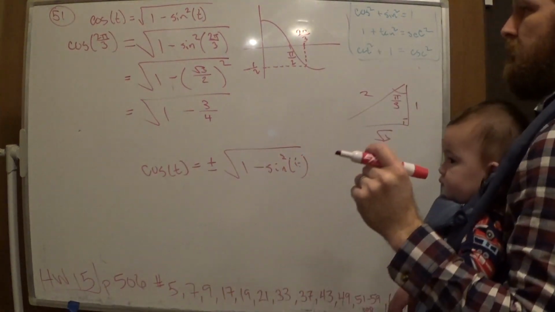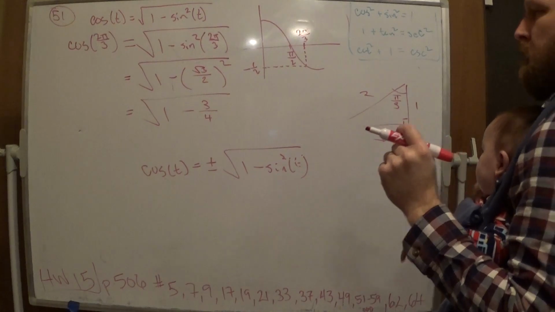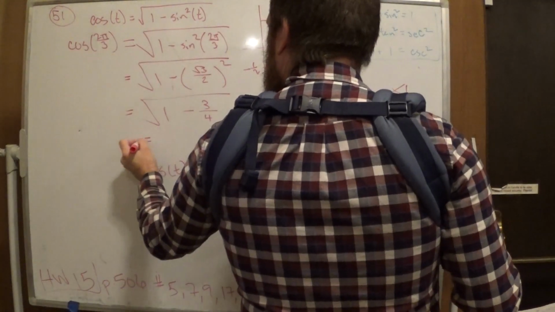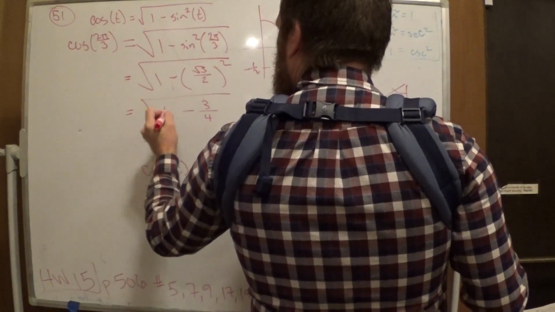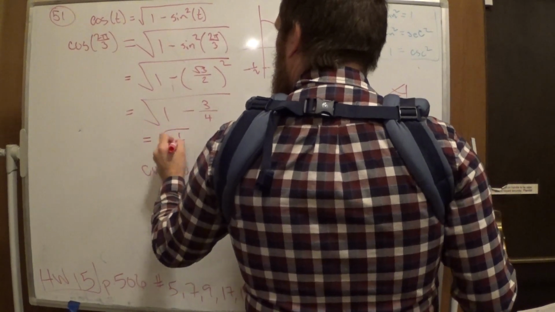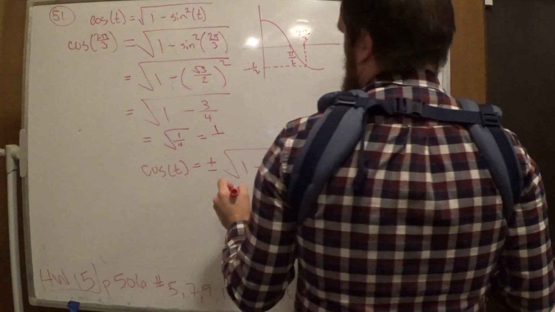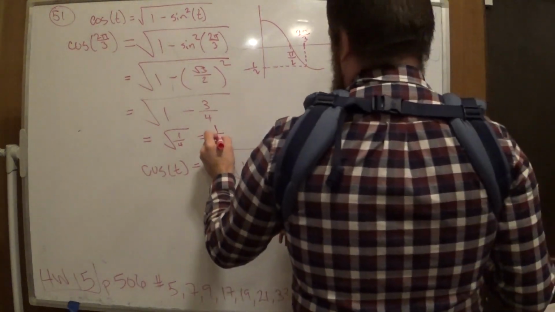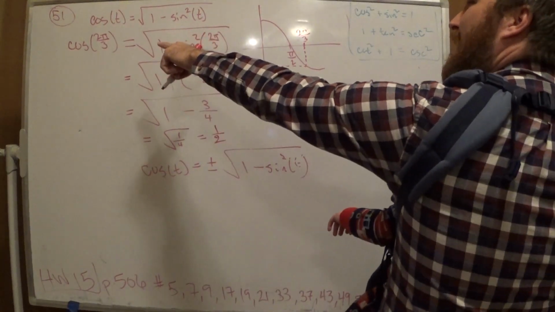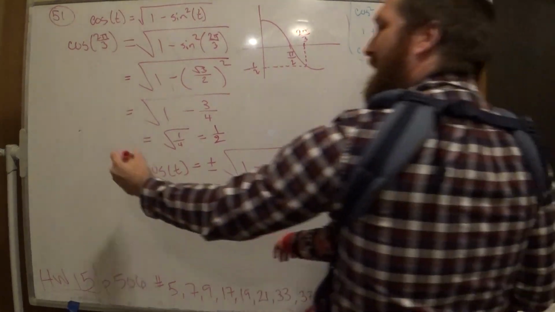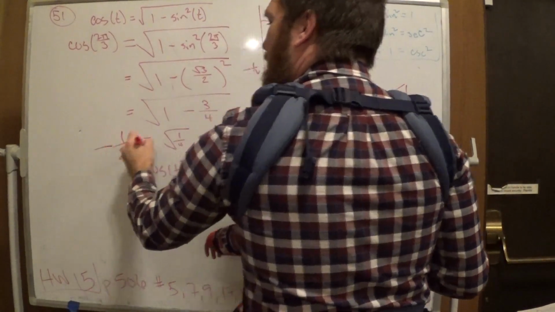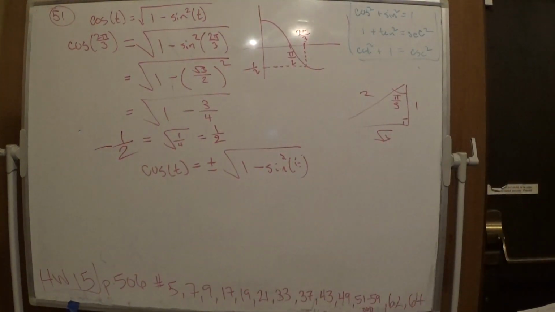Wait, 1 minus 3 over 4 is 1/4. Square root of 1/4 is 1/2. But cosine of that is negative 1/2. Oh, yeah. So that would just prove it right there.